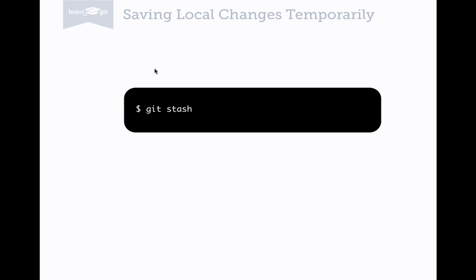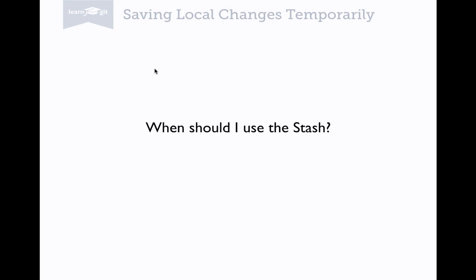The stash is a kind of clipboard on steroids, I'd say, because you can save your local modifications on that clipboard and even on multiple clipboards and get a clean working copy with that. One question is, when should I use the stash? You should use it whenever you need a clean working copy.